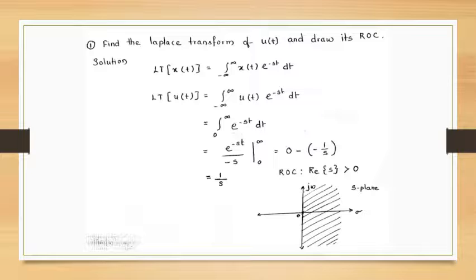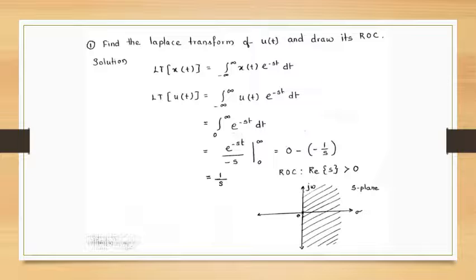Solving this integral, we have e raised to minus st divided by minus s over the range 0 to infinity. Substituting the values, e raised to minus infinity is equal to 0, minus e raised to 0 is equal to 1. So we have minus 1 divided by minus s, and the final answer is 1 divided by s.